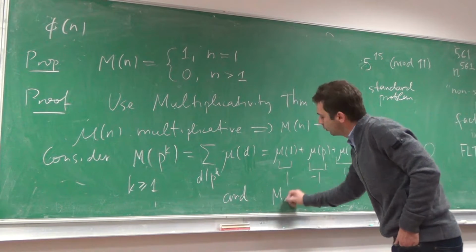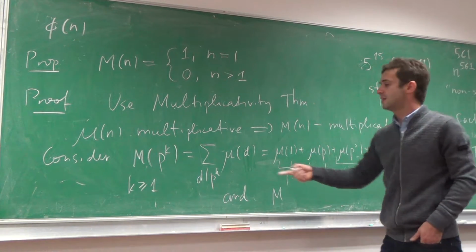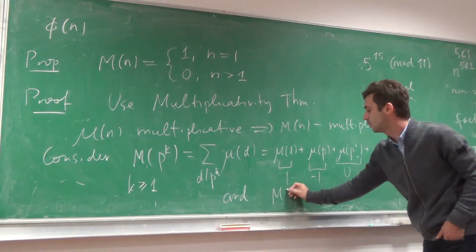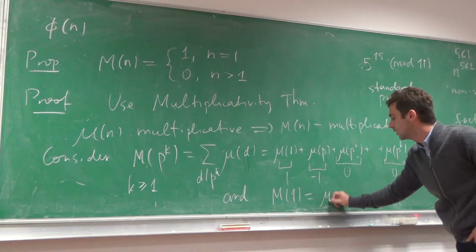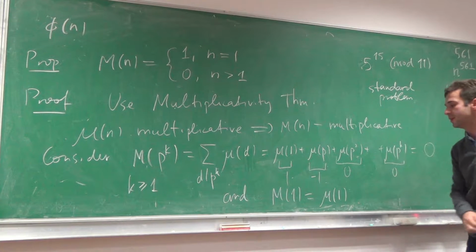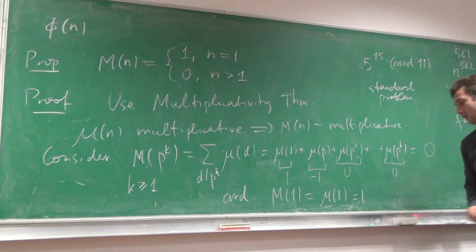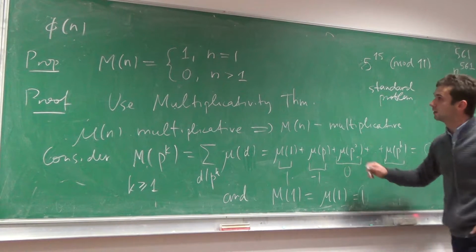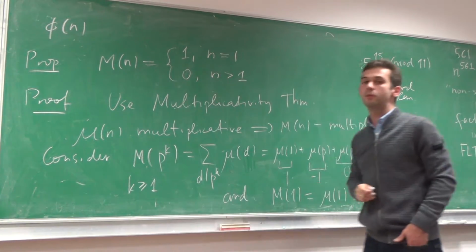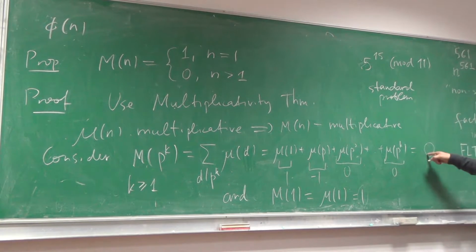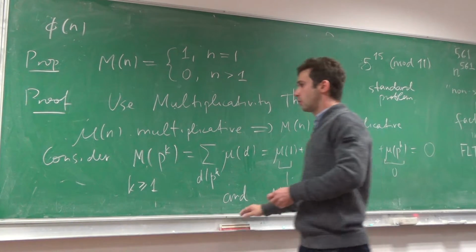Let's see what happens for m of 1. M of 1 is mu of 1. There's only one divisor here, so it's 1. So we have verified this case, which wasn't a big deal, and we have checked this for prime powers. So we see that this is true for prime powers.